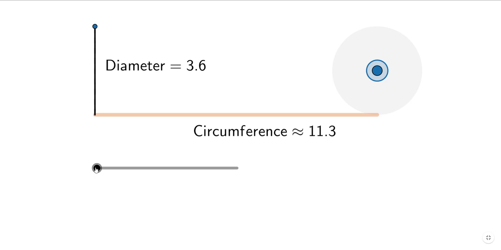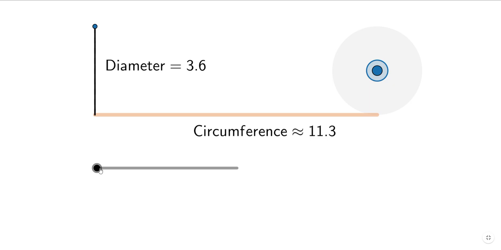Scientists found that whatever the diameter may be, the circumference is always almost three times the diameter, right?